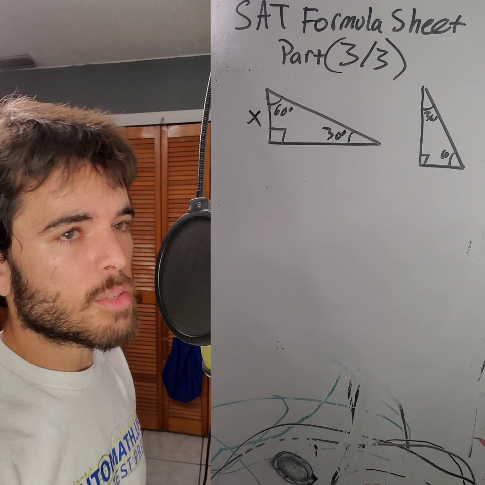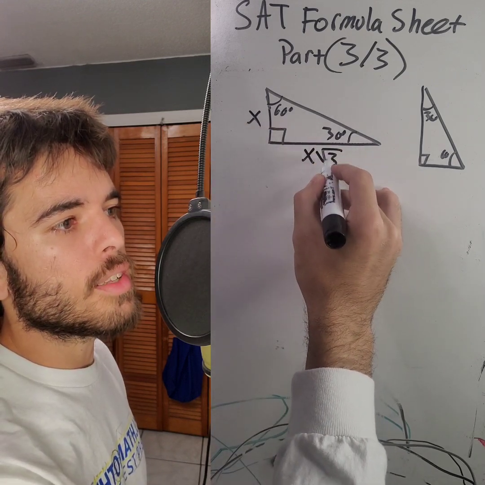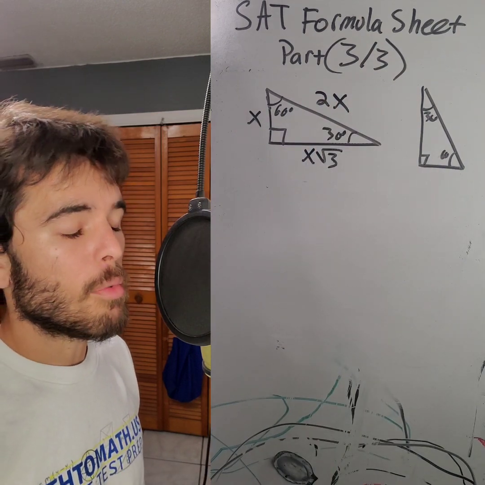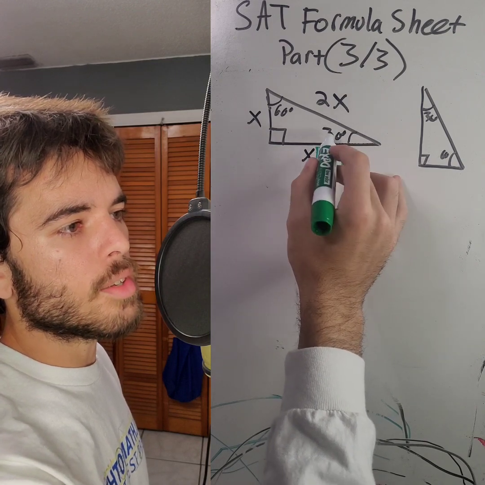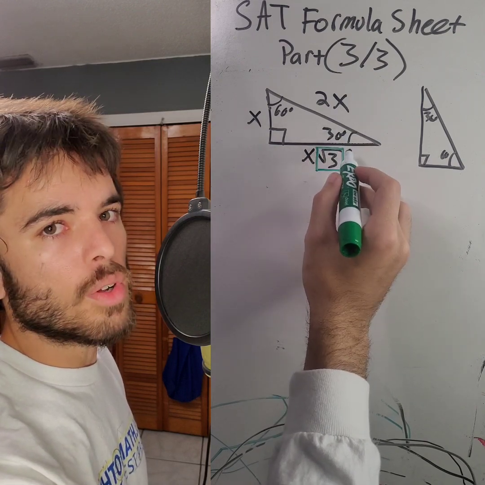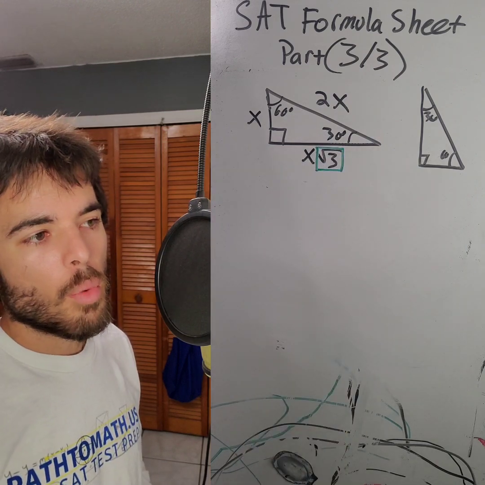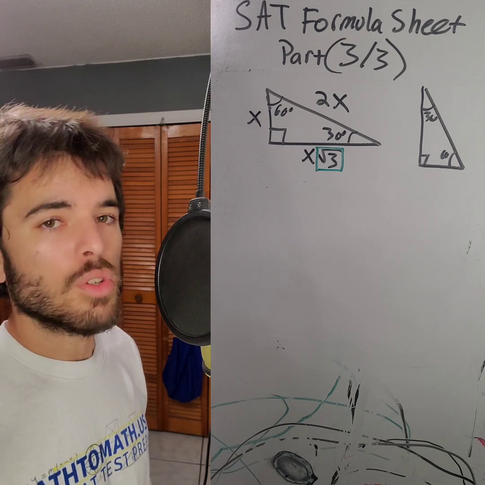We let x represent that smallest side, and the proportions continue as x square root of 3 and then 2x. An easy trick that I use to remind myself whether it's square root of 3 or square root of 2 is there's a 30 in this triangle. So that 3 there reminds me to put x square root of 3. Whereas the 45-45 triangle actually has this x square root of 2.